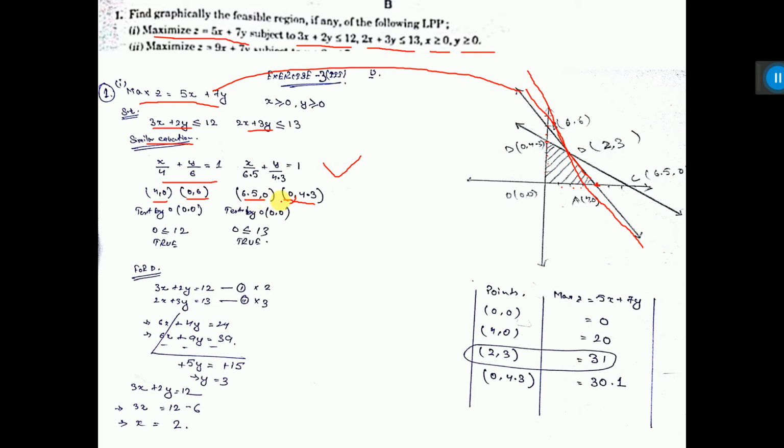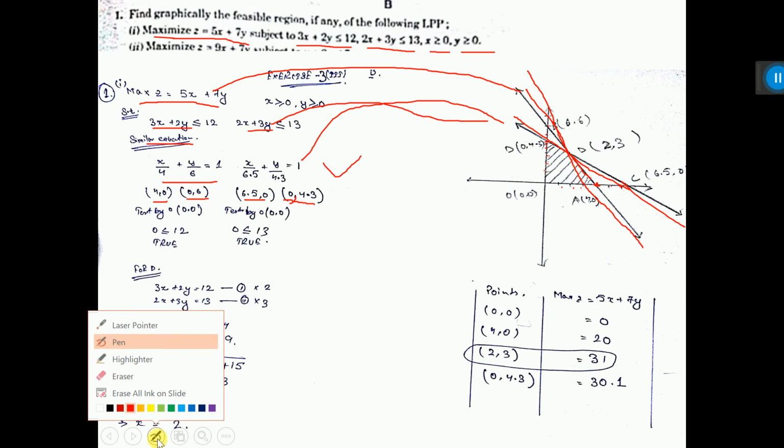Then take the point (6.5, 0): this is 4, 5, 6, then a little more, that is 6.5. And (0, 4.3): 1, 2, 3, 4, then a little more, 4.3. Join these two, and that is equation number 2.